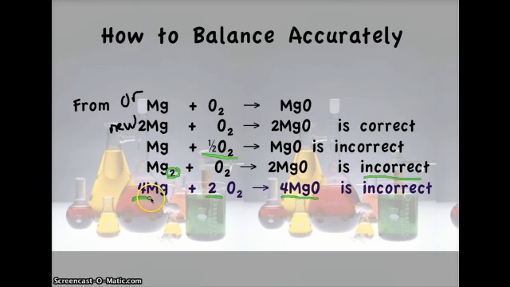If we were to take this whole thing and divide by 2, we could actually simplify this down. And actually, when we simplify it, it would look exactly like the original. So make sure that when you balance equations, it's okay if you start out with this, but make sure that you know you can divide it by 2 and simplify it to the best of your ability.